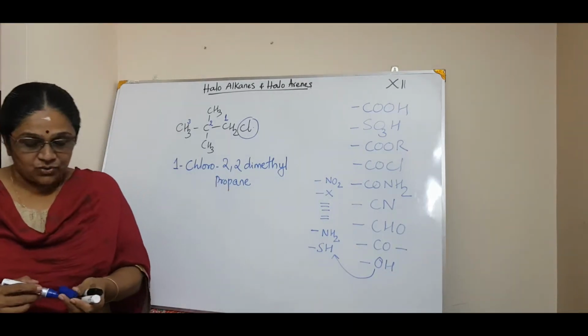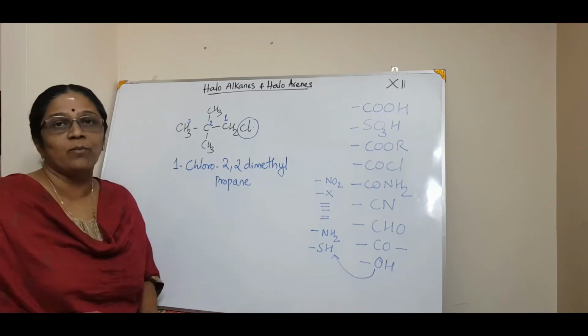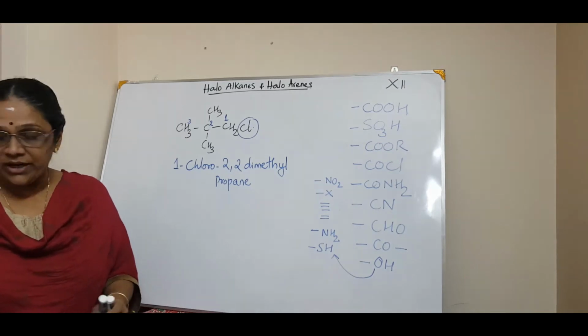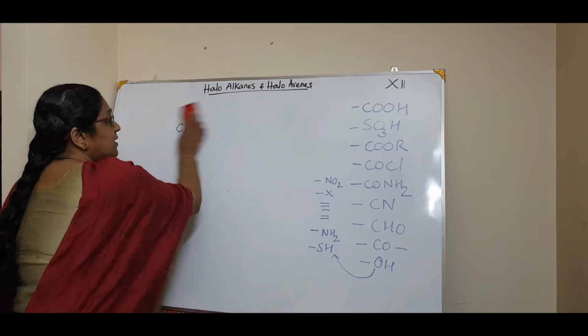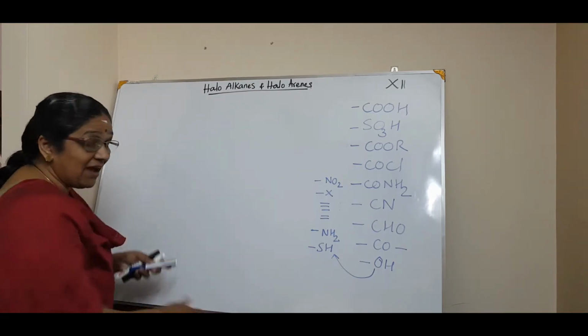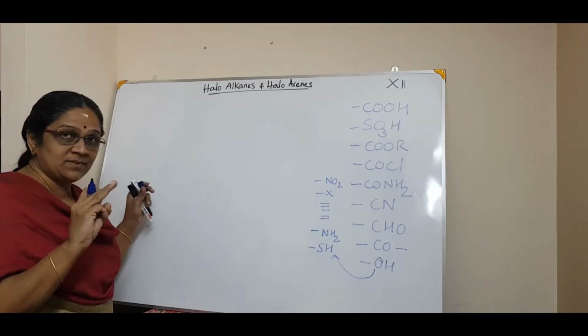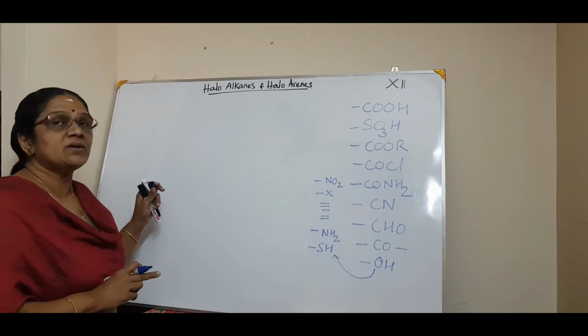Now today we will discuss some more compounds, so naming of some more compounds in these haloalkanes. Before going into that, we will see a compound having 2 halogen atoms in the same carbon atom. Then how will you name that compound?